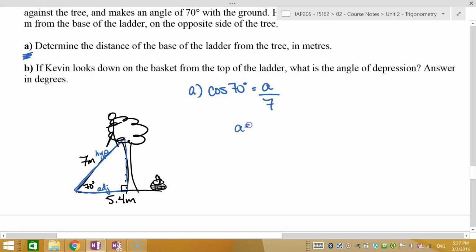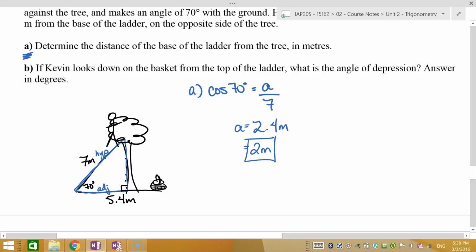And A will be 7 times cosine of 70, which is 2.4 meters. And that's your answer. Oh, and they ask in exact meters, so just 2 meters is what we're going to say. And we're done part A.